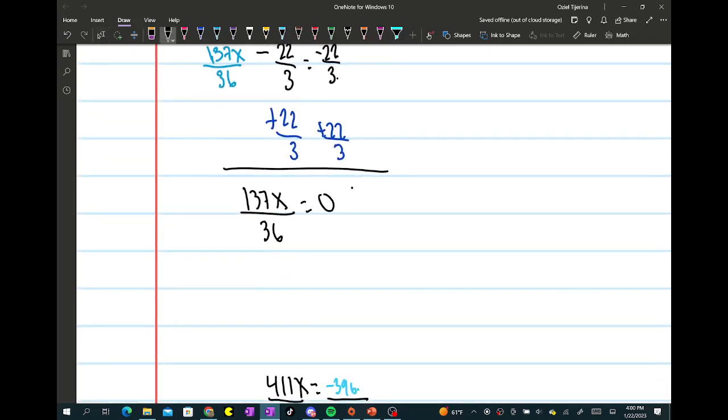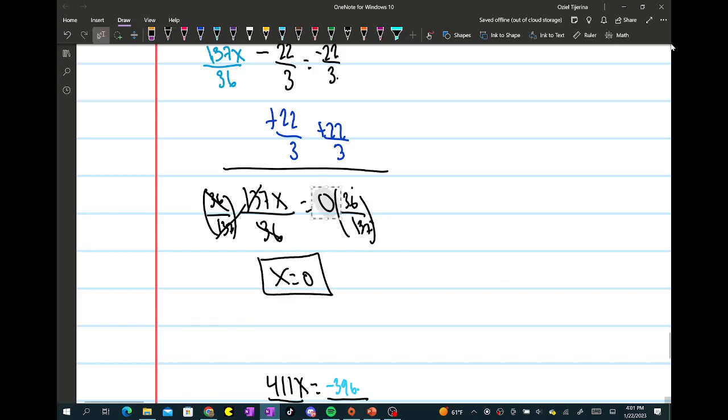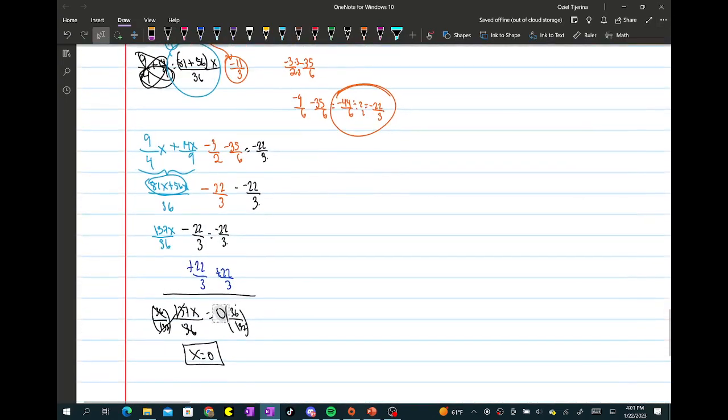So then if we just multiply by 36 over 137, this cancels out and we get that x equals 0. So yeah, sorry about that, guys. I made that little tiny mistake over here. But that is how you do this problem.